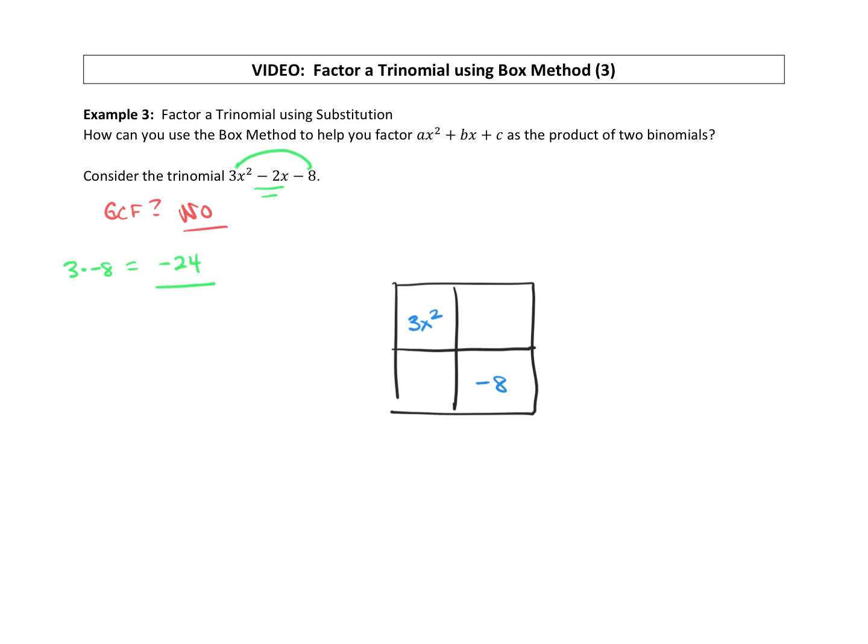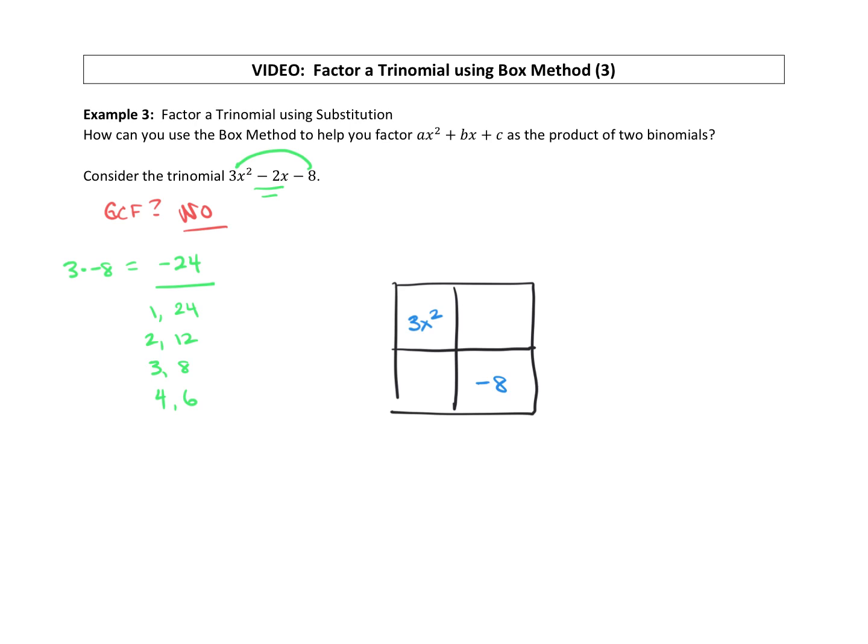Then we want factors of negative 24 that add up to negative 2. So this is a negative 24, so I know we'll have a positive and a negative factor combination. If we list our factor pairs: 1 and 24, 2 and 12, 3 and 8, 4 and 6. I think that's all of them.